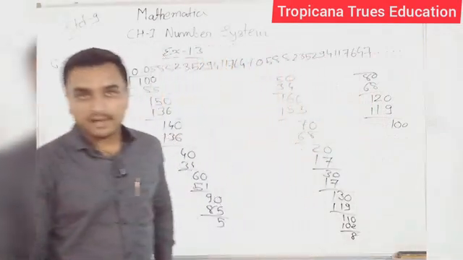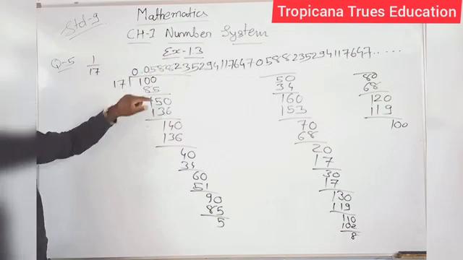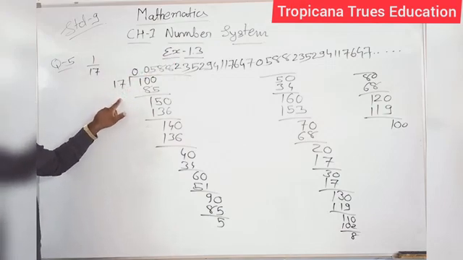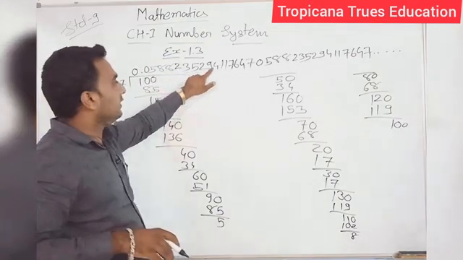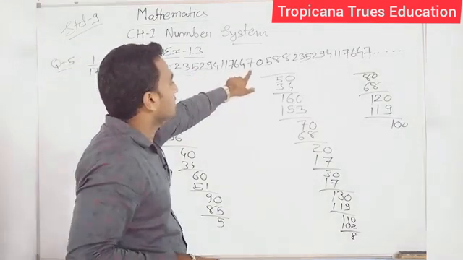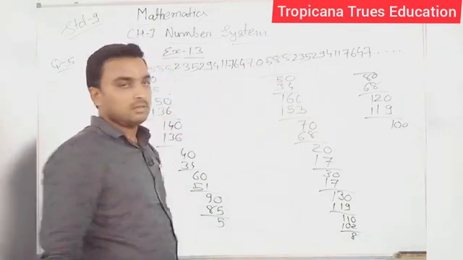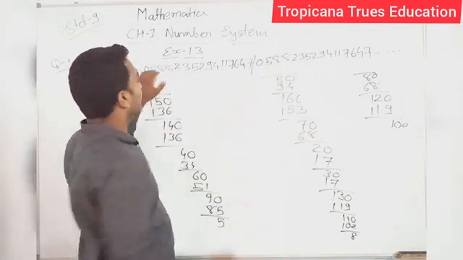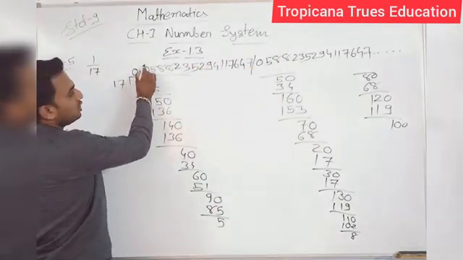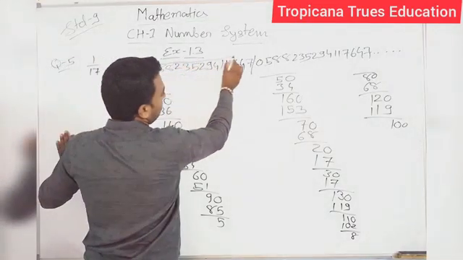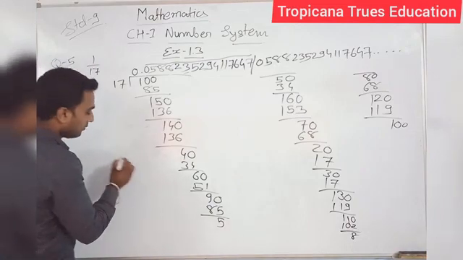The question is how many numbers are repeated in this division of 1 divided by 17. We can count 1 2 3 4 5 6 7 8 9 10 11 12 13 14 15 16 numbers are repeated, then after it, 0 5 will start again. So we can write the answer this way.